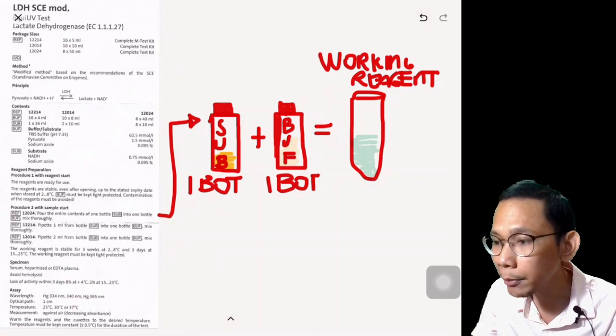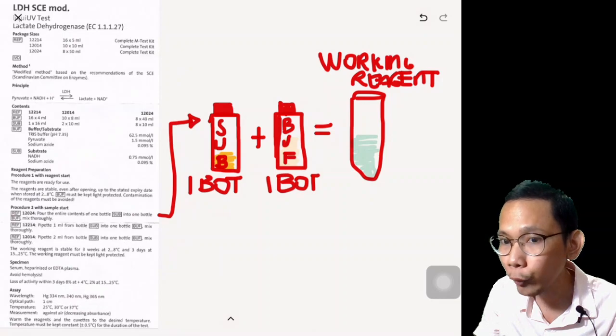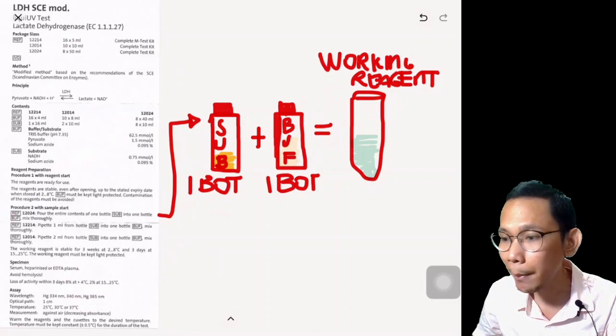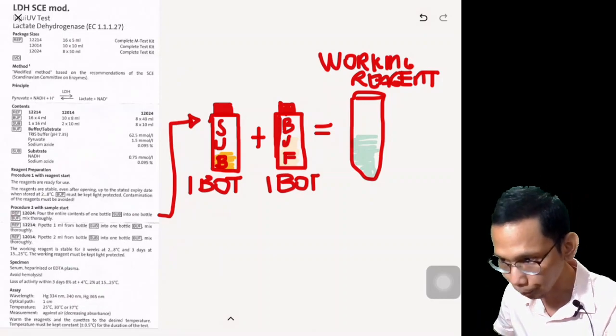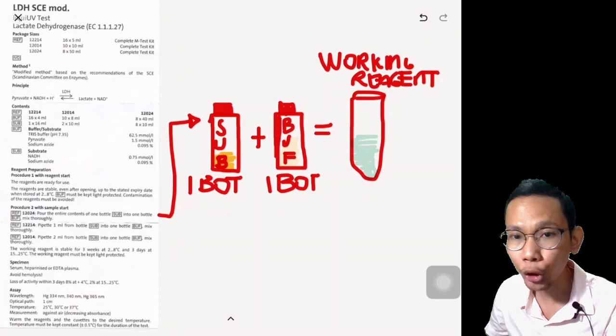It's a modified method based on the recommendation. So, the principle, again: pyruvate plus reduced nicotinamide adenine dinucleotide, NADH, plus your hydrogen ion, with the action of LDH, will result in lactate and the oxidized form of nicotinamide adenine dinucleotide.